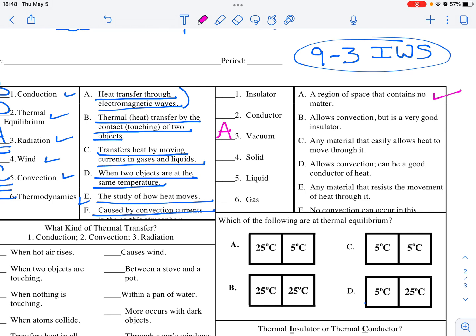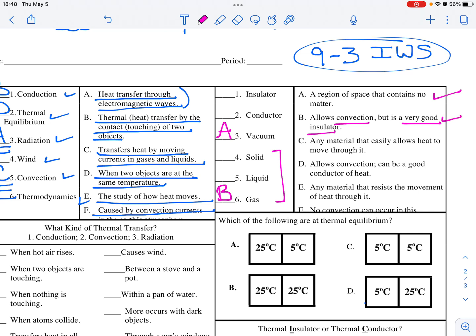If you chose vacuum, you are correct. B. What allows convection but is a very good insulator? A hint. This will be one of these 3 states of matter. And of course, the answer is B, gas.